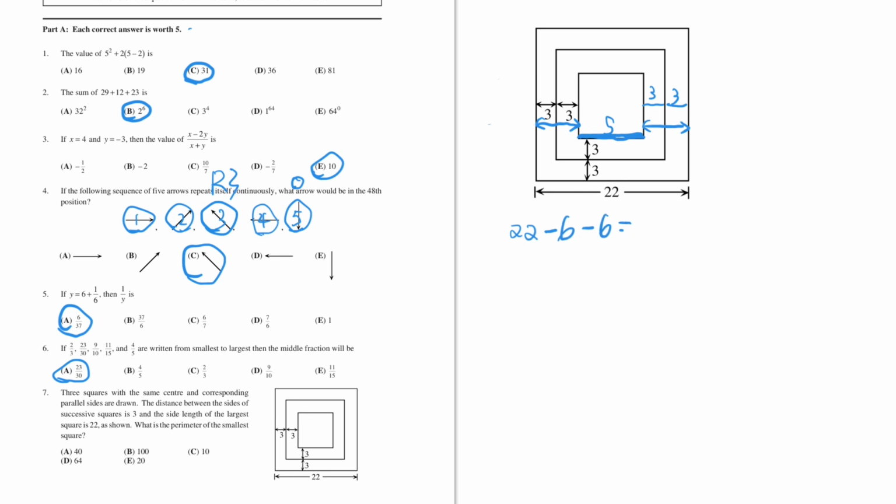So it's 10. That's the side of the smaller square. They ask for the perimeter. Perimeter equals 4 times the side length, so that's 4 times 10, that's 40. Therefore, the answer is A.